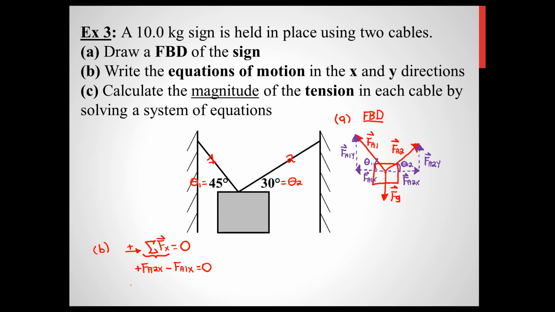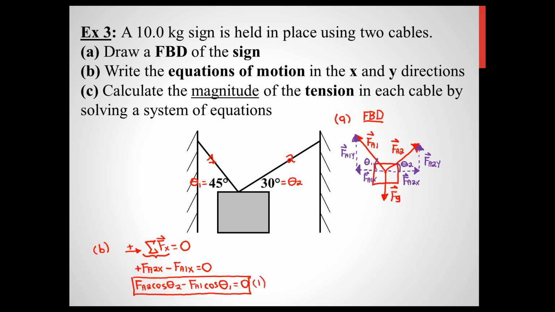We can expand this one step further. Ft2x would become Ft2 cosine of theta 2. Subtract Ft1 cosine of theta 1, and that's equal to 0. Let's box this equation first.